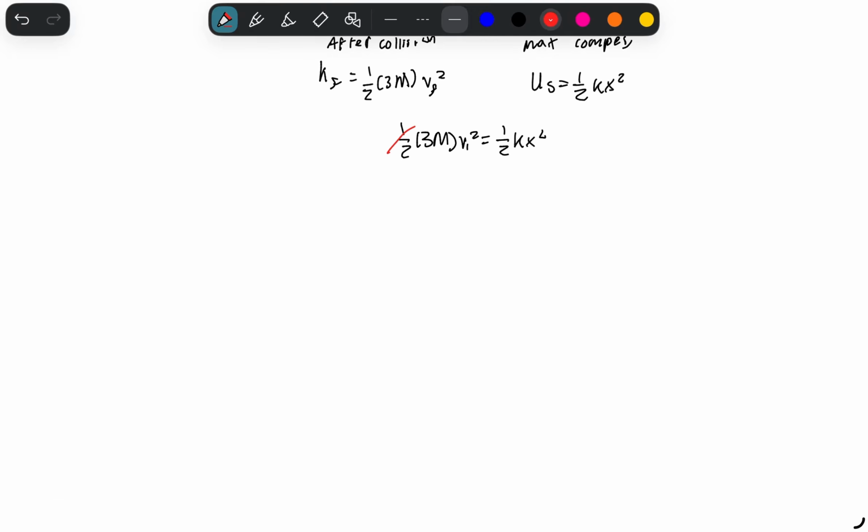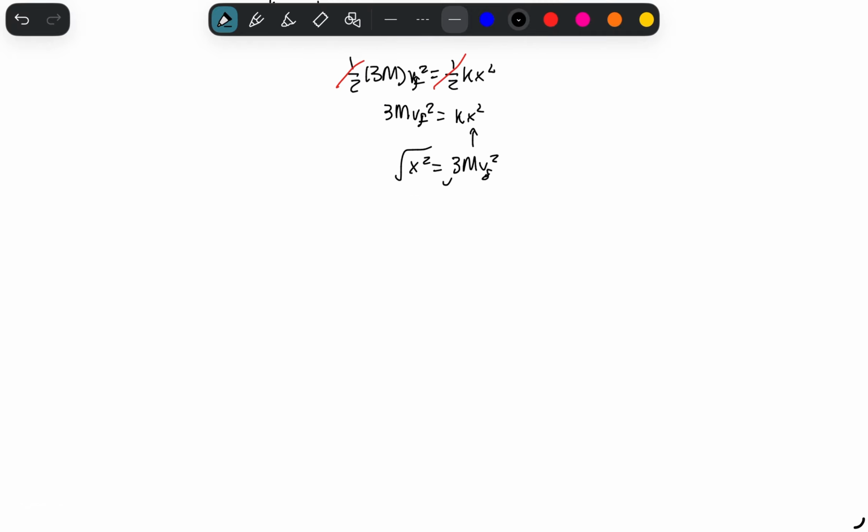We'll cancel 1/2. We'll have 3m v1 squared is equal to kx squared. Now, if we solve for x, we have x squared is equal to 3m v1 squared over k.